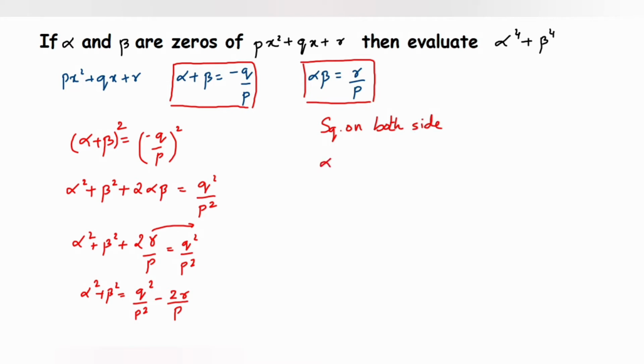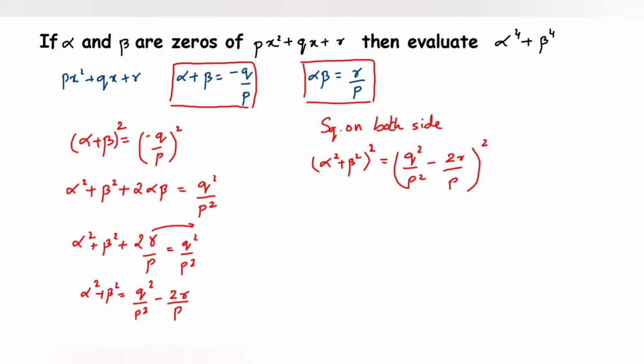So alpha square plus beta square whole square is equal to q square upon p square minus 2r upon p, and then whole square. We're squaring both sides, LHS and RHS. Now we'll open the bracket.